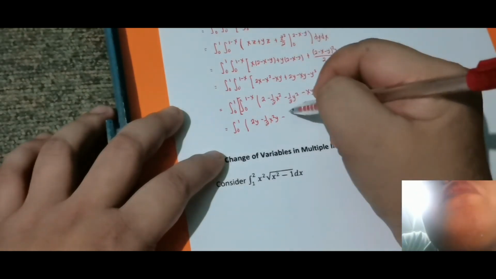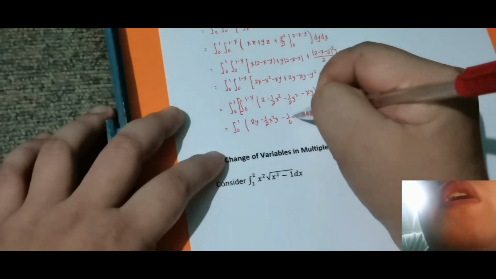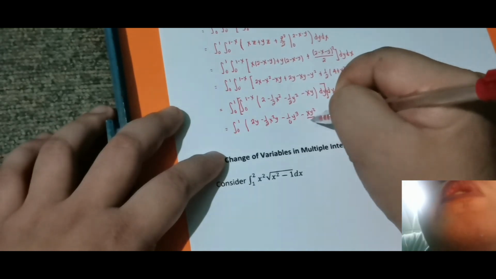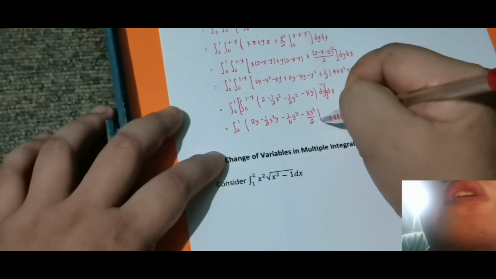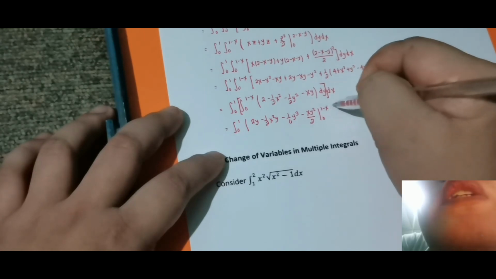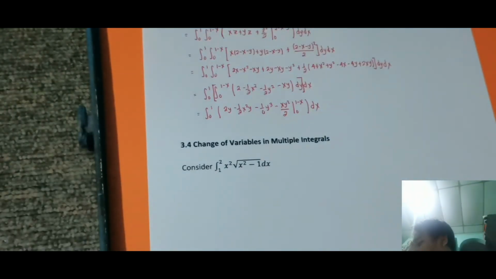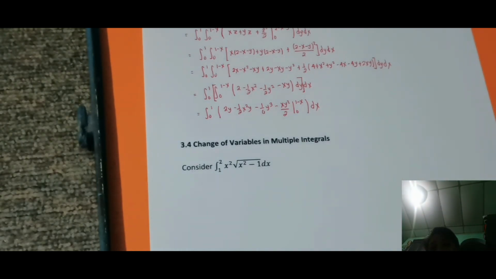So, this is negative 1 over 6y cube. Then, this is just xy squared over 2. Then, yung boundaries from 0 to 1 minus x. Okay, then this is dx. So, yun, another na naman na magpapahaba ng ating solution.